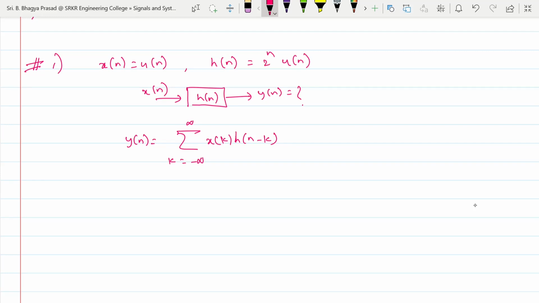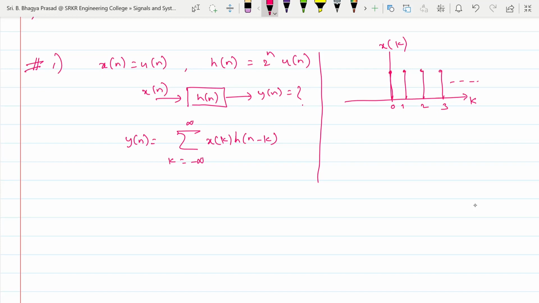So we have to convert x[n] and h[n] into the dummy variable representation k. x[n] is u[n], so in terms of k, x[k] is a step sequence.